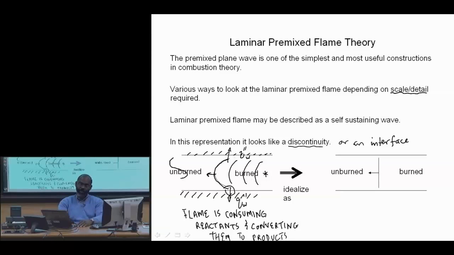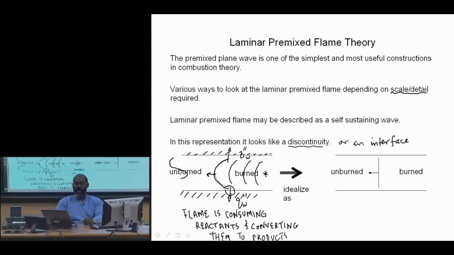So you get things that sometimes look like this. This is a bit beyond what we need to talk about in this class, but I just want you to recognize that flames propagating in tubes have a variety of shapes, and depending on what the flame is propagating into, it'll take different shapes.